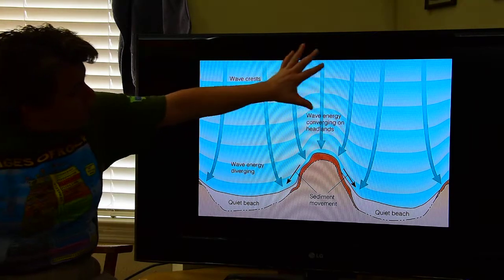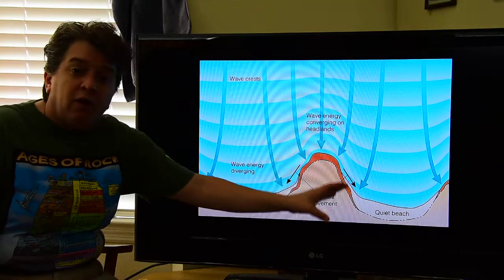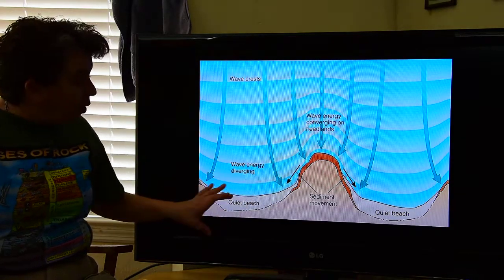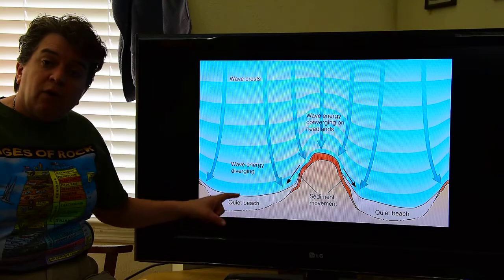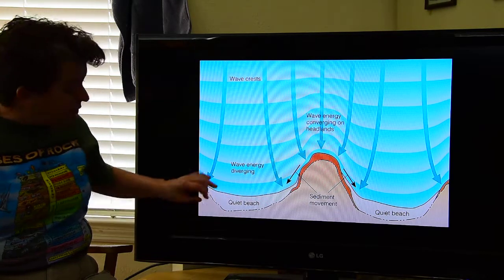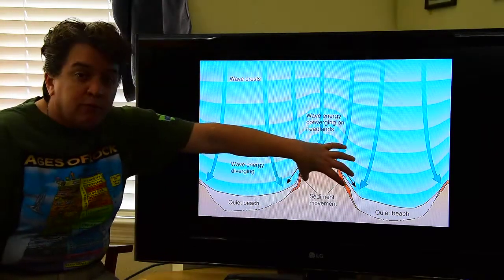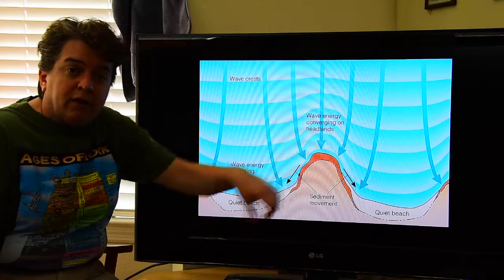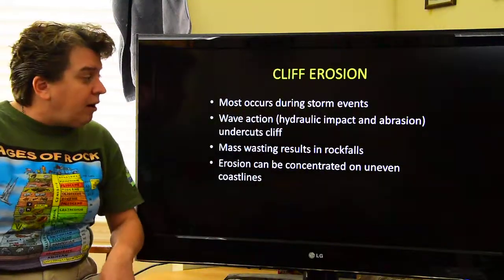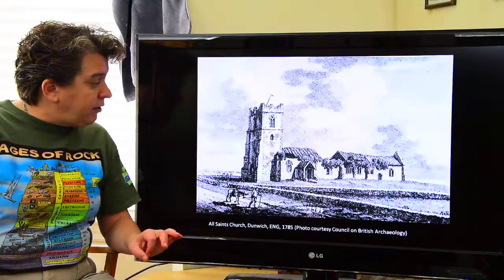And if you notice, most of the wave energy converges on these areas we call headlands. In bays, you tend to get lower energy, which is why you often get sediment accumulating in those areas. So we have this nice wide sandy beach in this bay, and our erosion is focused right there. And so this, like I said, this erosion can be concentrated on these uneven coastlines.